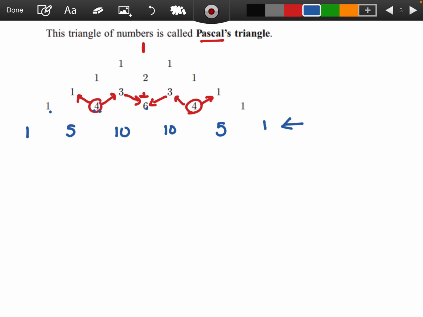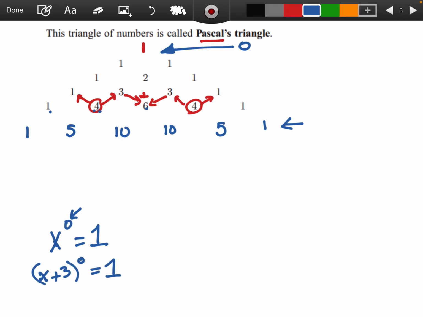How the triangle gets used is that the numbers in the corresponding rows match a binomial expansion to a given power. This first row that I added in with the additional 1 is actually row 0, because anything to the power of 0 is equal to 1. So if you had a binomial to the power of 0, that's going to equal 1.